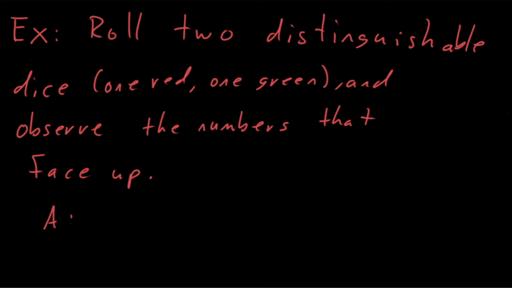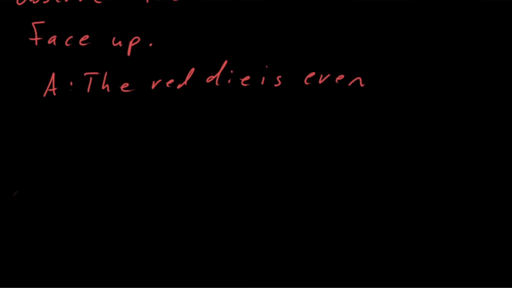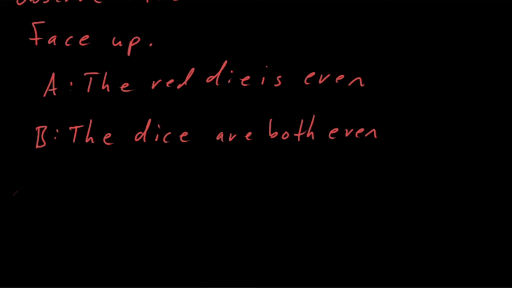So let's let A be the event the red die is even, and B be the event the dice are both even or both odd.